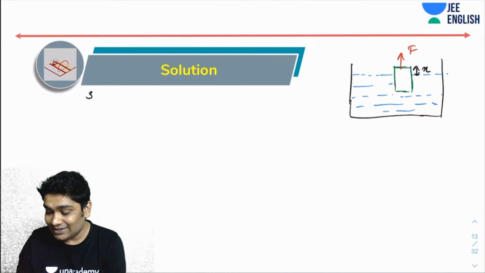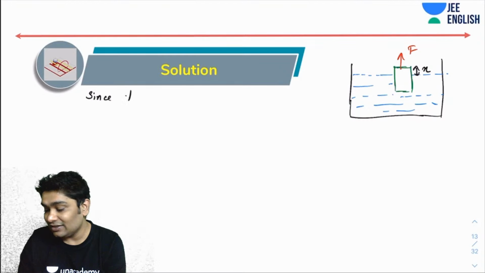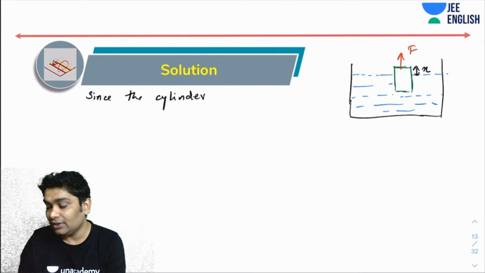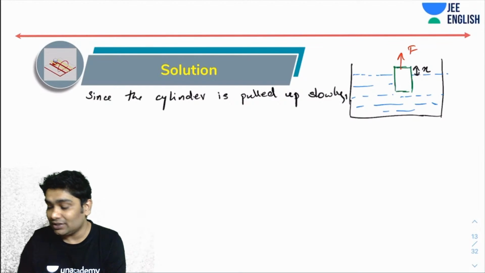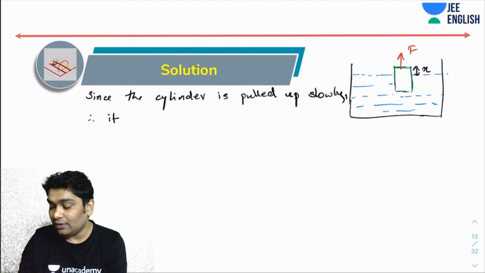Since the cylinder is pulled up slowly, therefore it must remain in equilibrium at all times.